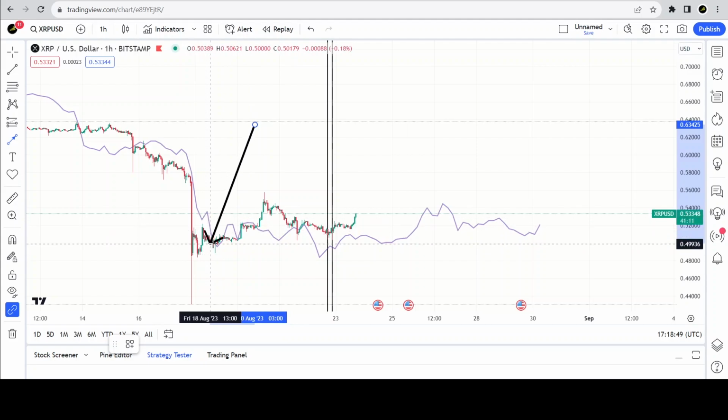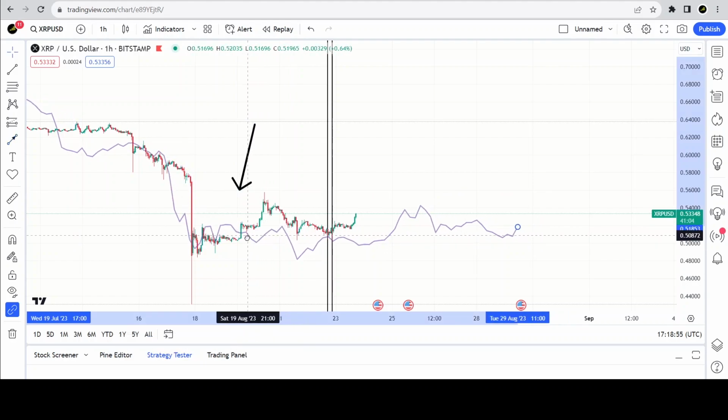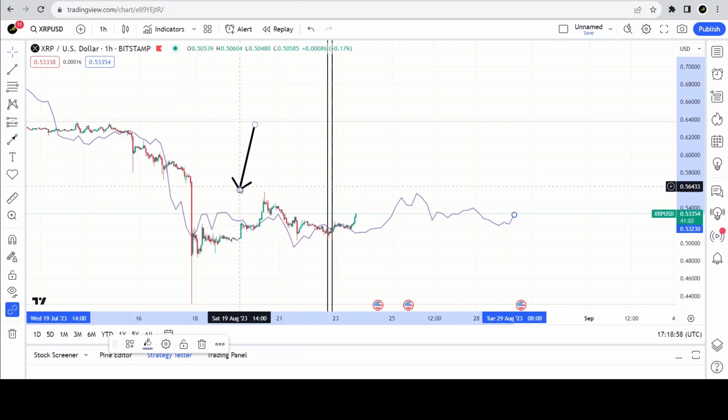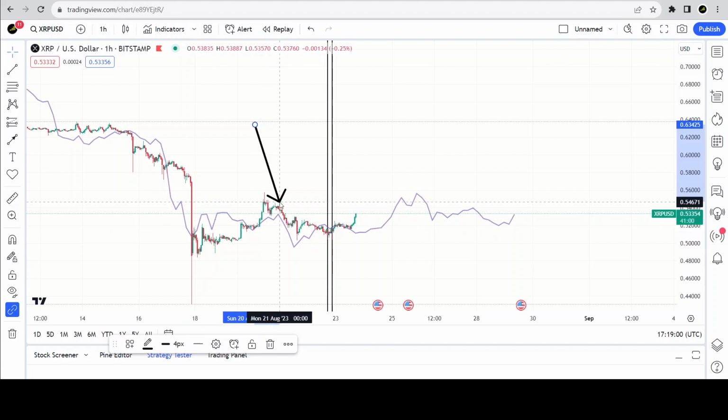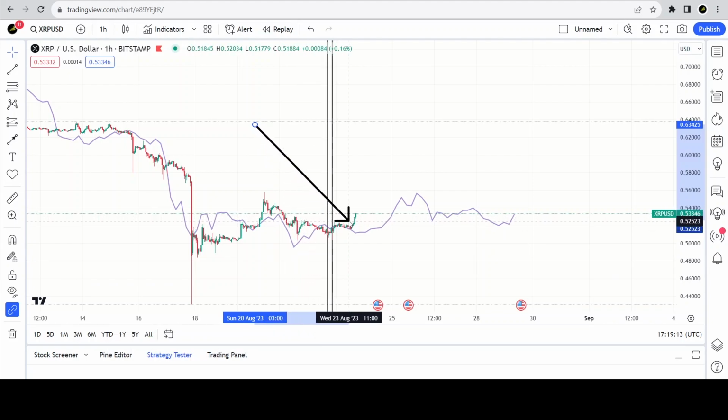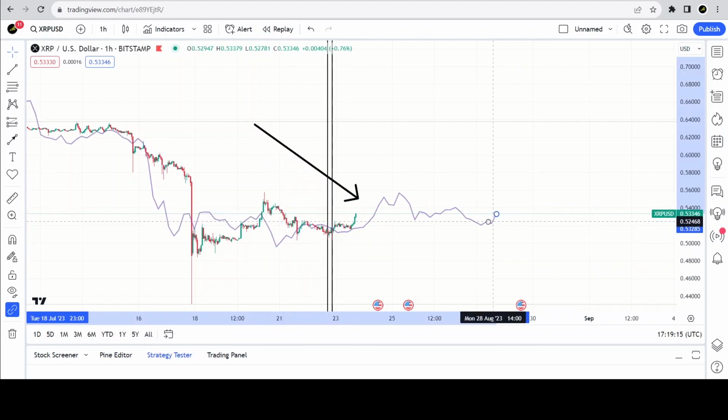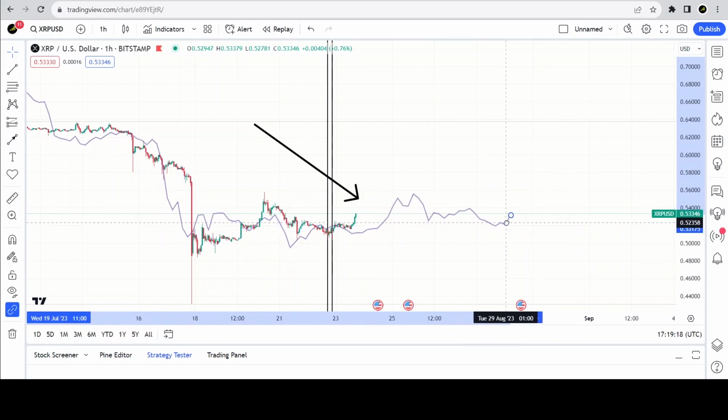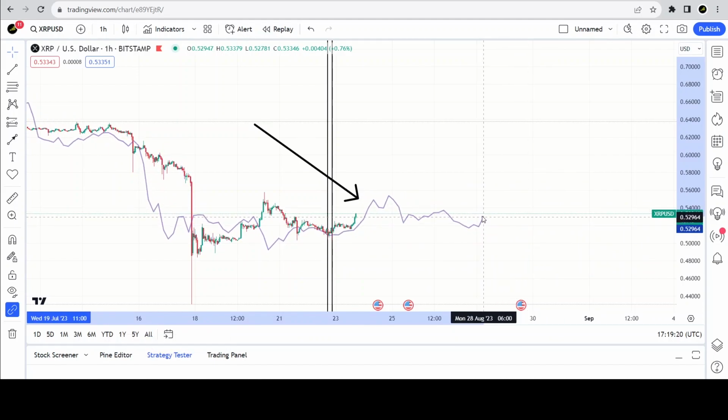So these two waves right here are more like this. And then this move up right here was this part right here, and this part coming down was this. So this structure here is technically like this. So the timing, height, and depth are very different here.